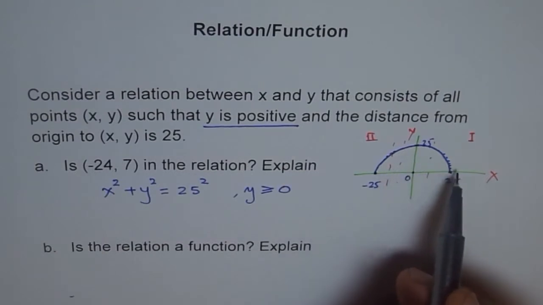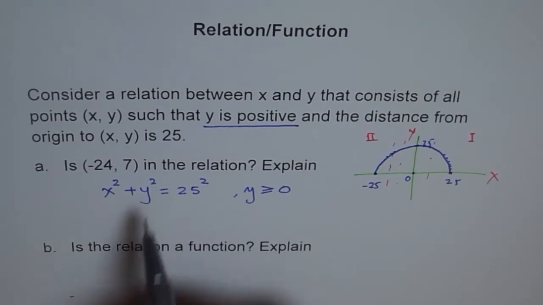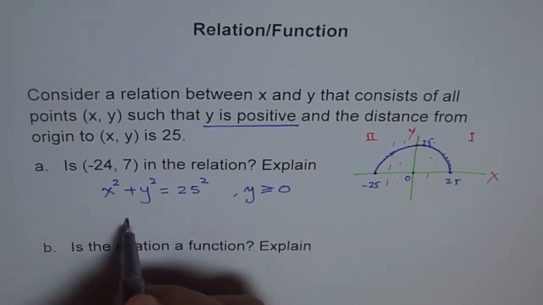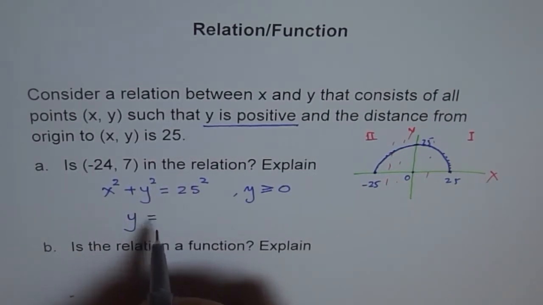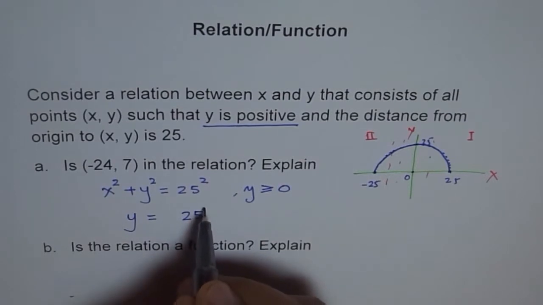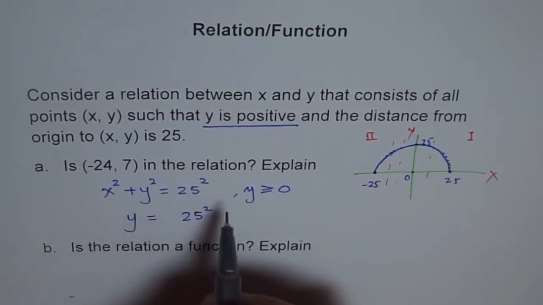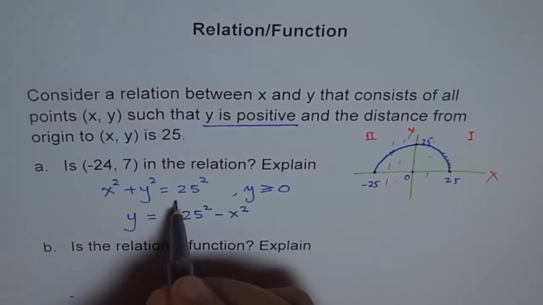So it's a semicircle, not a full circle, correct? You could write this equation to be very correct as y equals 25 squared minus x squared, all under a square root, right?